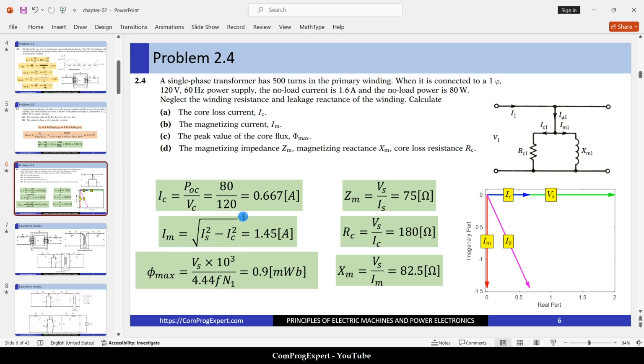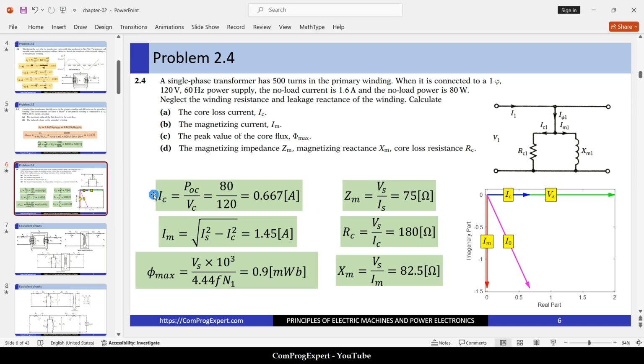So the next one, the magnetizing impedance, Zm, the amplitude of the Zm. So these are the absolute values of complex numbers, the amplitudes, right? Not the real and imaginary parts. So this is the amplitude of the IC.